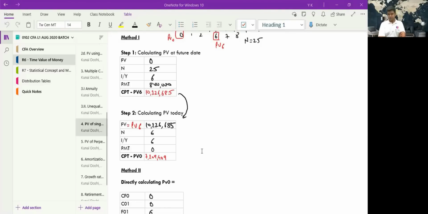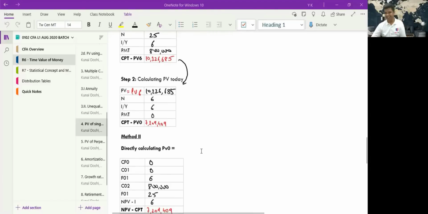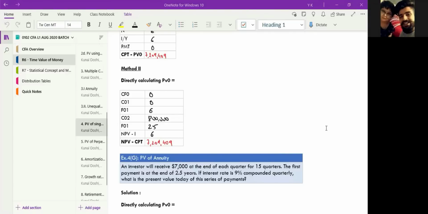So now, would you want to try a question like this? Yes. Of course, you don't have a choice. I'll make you try. An investor will receive, and guys, you have to tell me which method you will go for, 7,000 at the end of each quarter for 15 quarters.